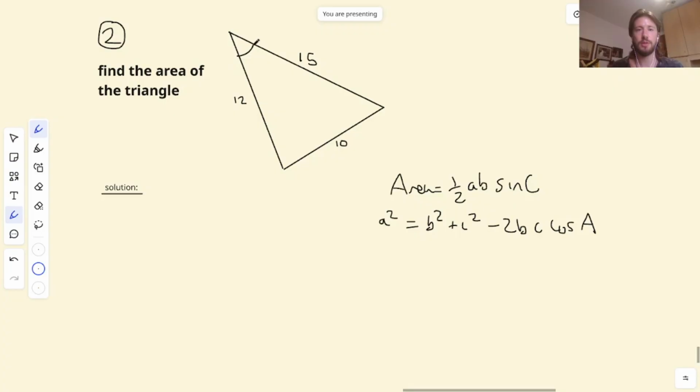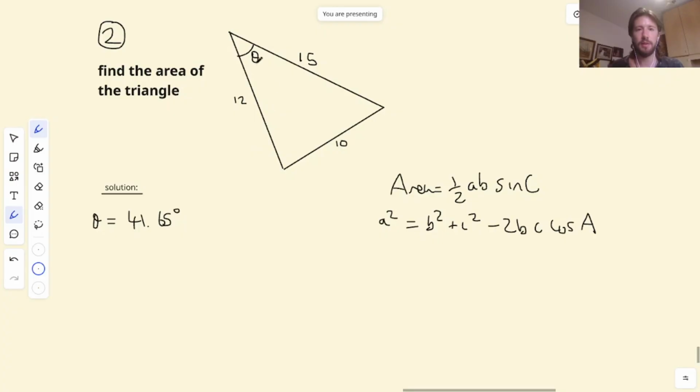I'm just going to choose this one here. Now, this is just a repeat of the cosine rule questions that we did earlier. So I will skip that working, and I'll just give you that the answer to that theta is equal to 41.65 degrees.